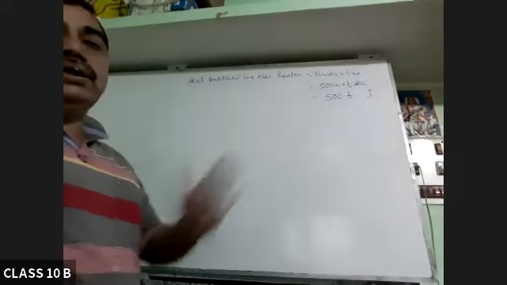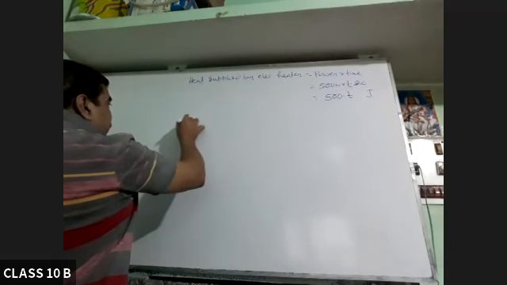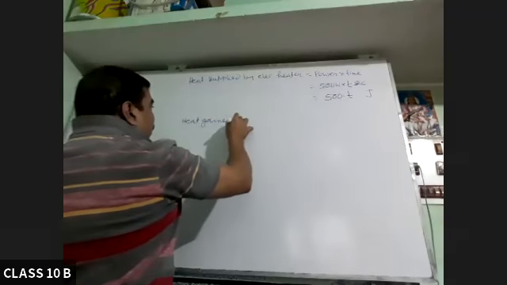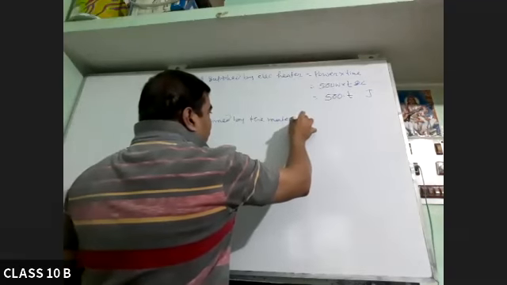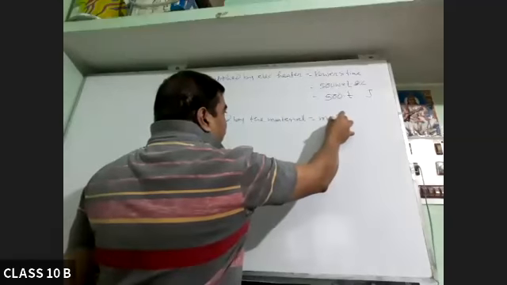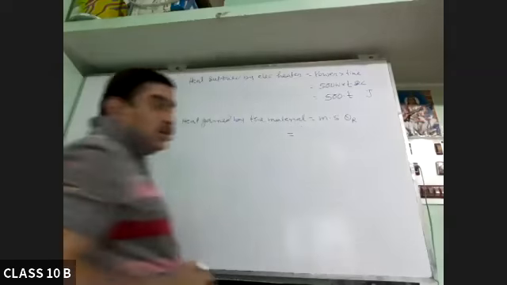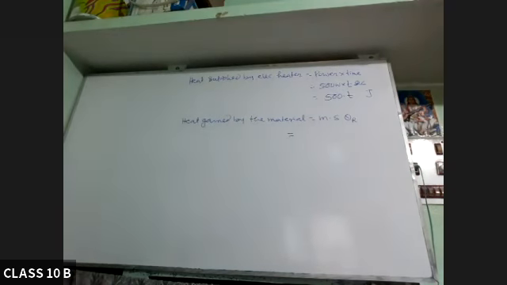Now this heat is gained by that material. Heat gained by the material we will find by mass into specific heat capacity into rise in temperature. Mass given is 50 kg, 960 is the specific heat capacity, and temperature from 18 to 38.